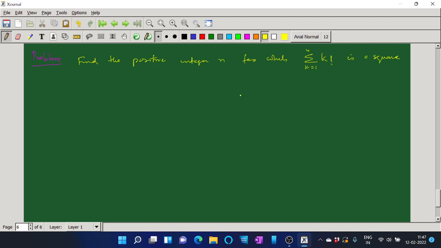We know 1 factorial, that is 1, is a square, whereas 1 factorial plus 2 factorial is 3, which is not a square. 1 factorial plus 2 factorial plus 3 factorial is again not a square. So we have to identify the positive integers n for which this summation is a square.